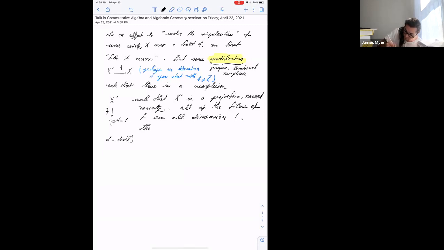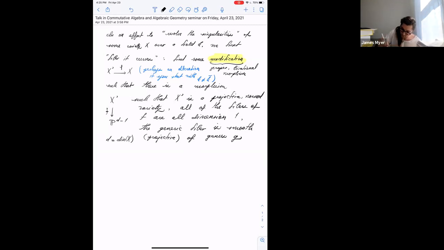But the generic fiber is smooth. It's projective just because the variety is already projective, of genus G. What else can you say? Yeah, so smooth projective of genus G.